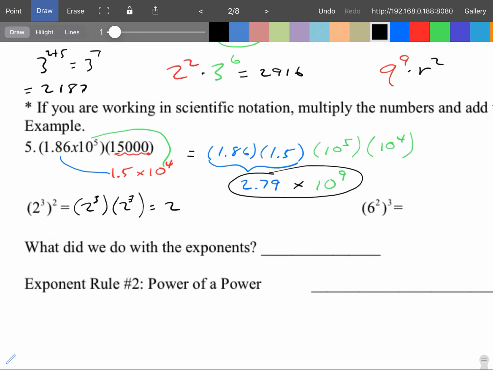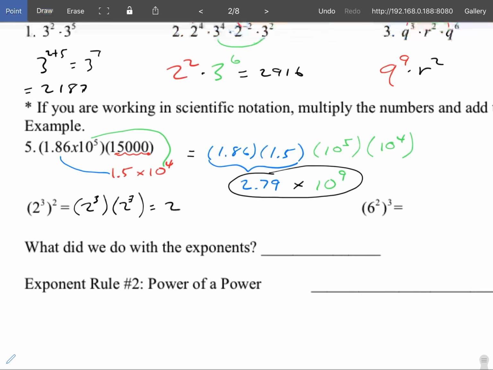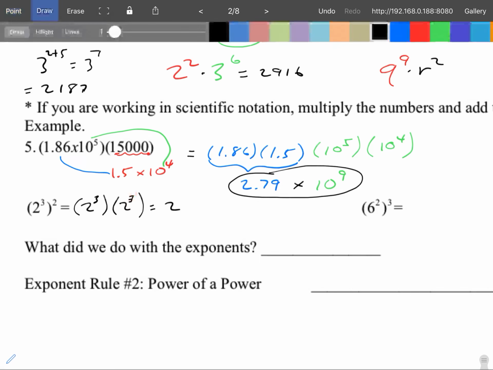Well, then we could just use the rule from above, right? We have a like base of 2, and then we would just add these powers, right? So that would be to the 3 plus 3 power.